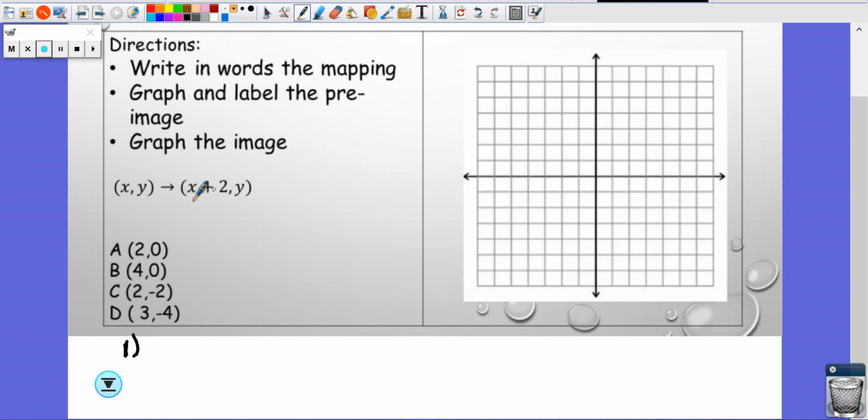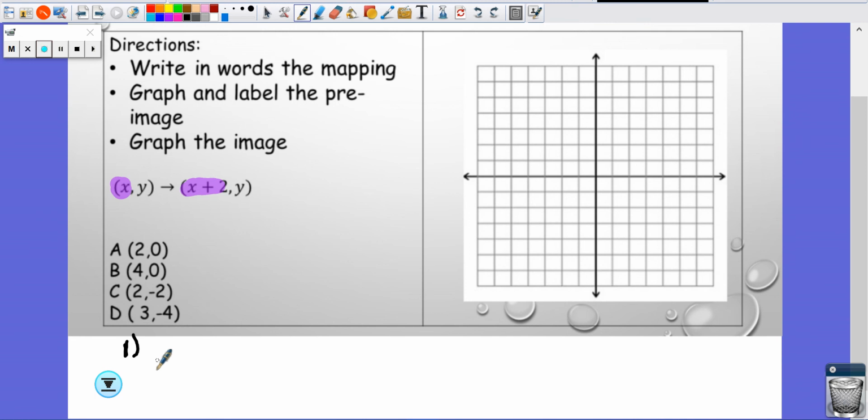This is a mapping right here, and I'm going to input these values into here to get an output. So this mapping means this X is going to map to this X. Let me highlight. This is going to map to this.